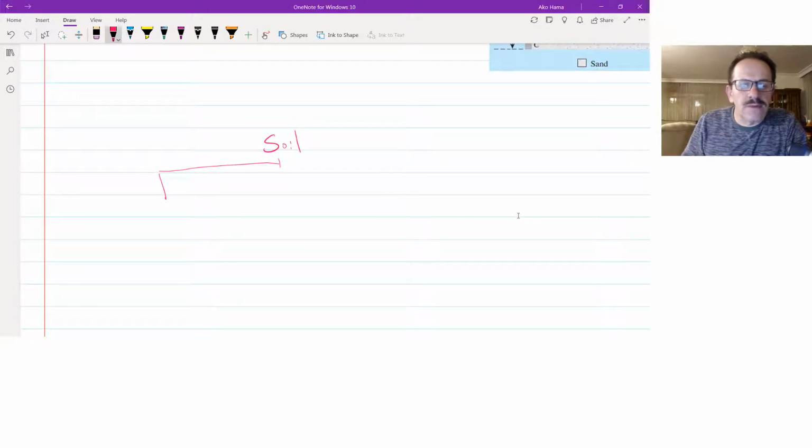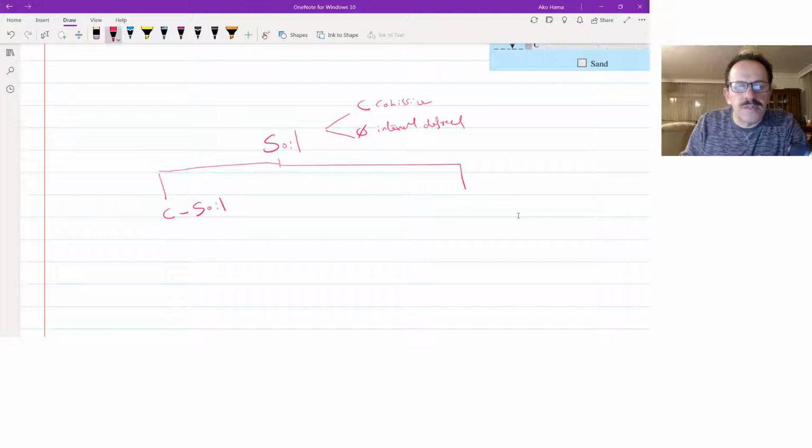We have soils whose properties are based on C, which is cohesion, and phi, which is the internal friction degree. So we have soils called C soils, which means those soils that have phi equal to 0.